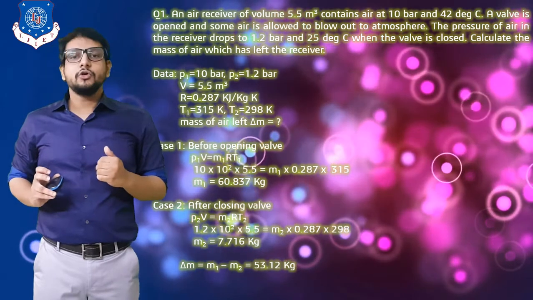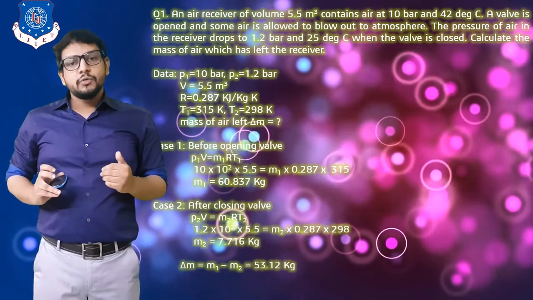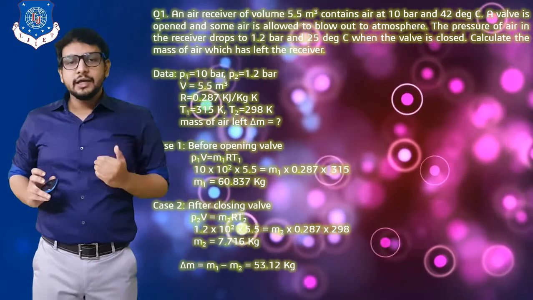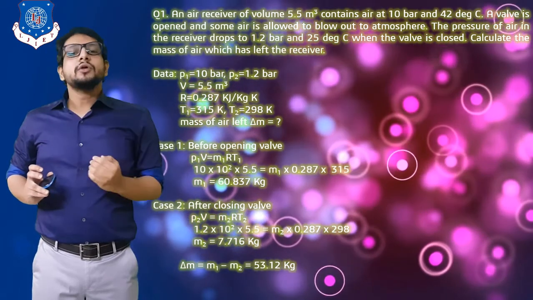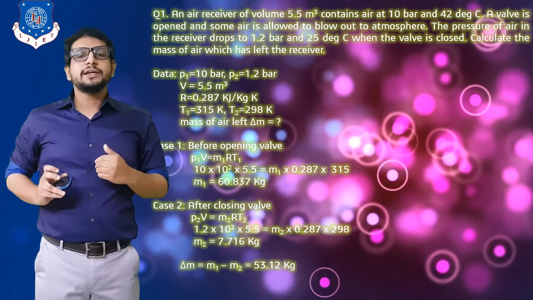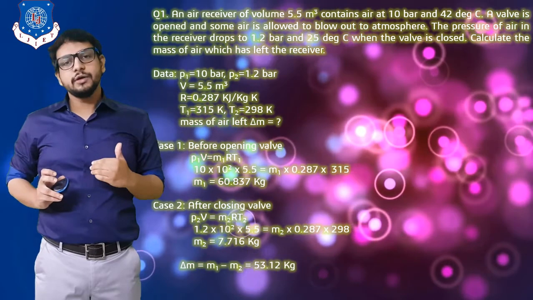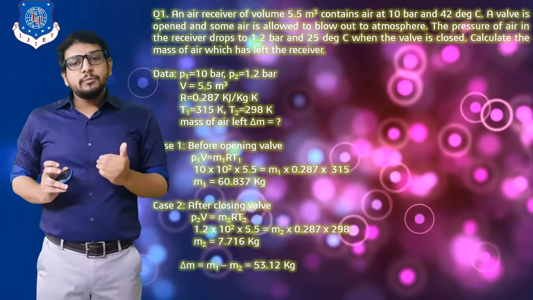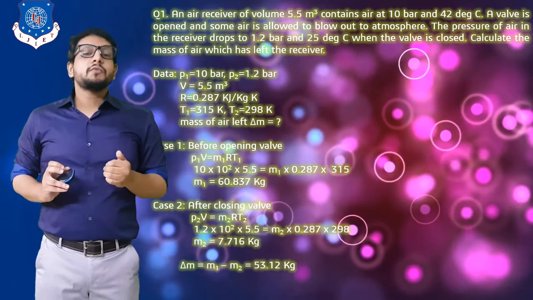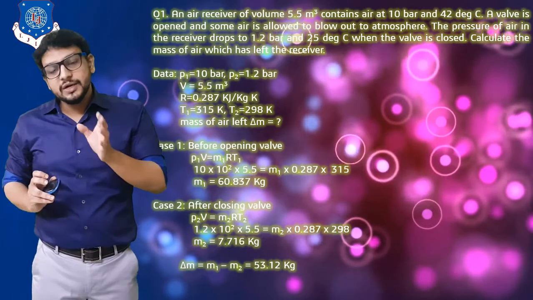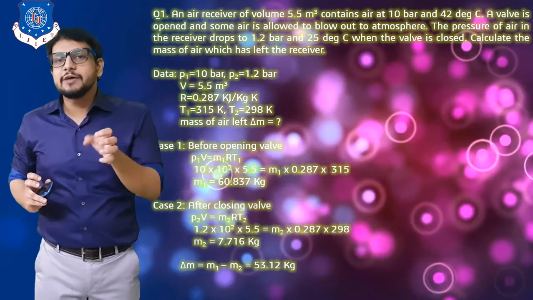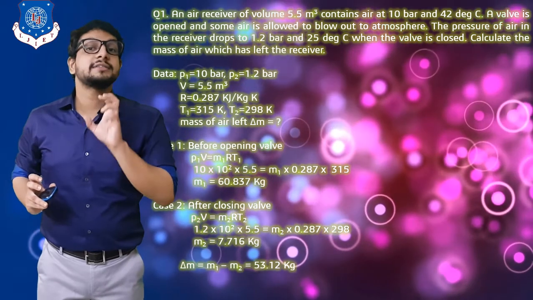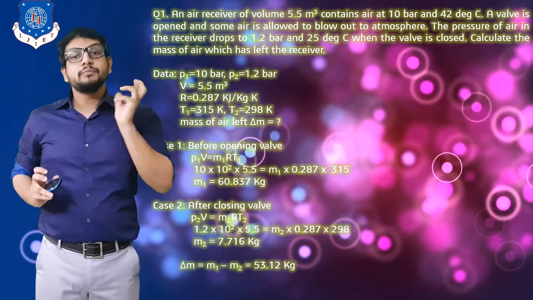Converting it into kilopascal, we can write it as 1.2 into 10 raised to 2, into 5.5, is equal to M2 into R, that is 0.287, into T2, which is given 298 Kelvin. So we can find out M2 is equal to 7.716 kg. So this much amount of mass, 7.7 kg of air, remains inside the air receiver after closing the valve.